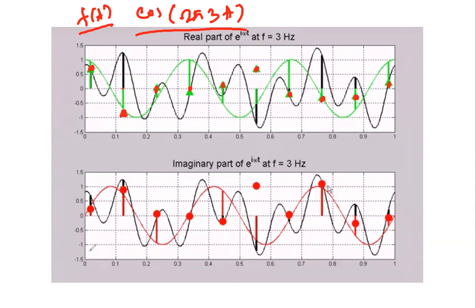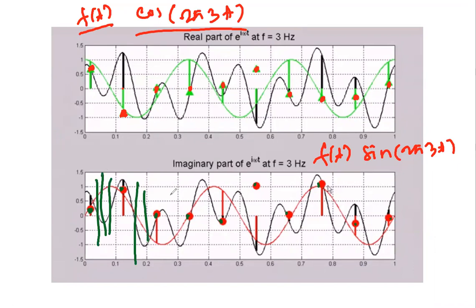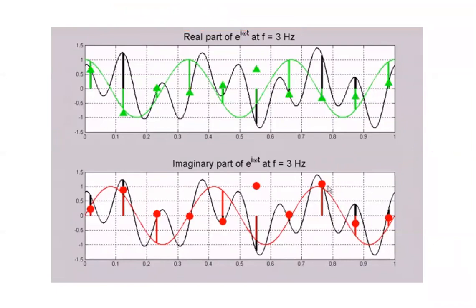Similarly, for the sinusoidal multiplication, f(t) multiplied with sin(2π·3t), when you are multiplying, you are not only getting those single points, you are also getting the points for each and every portion, of course, because this is continuous data.